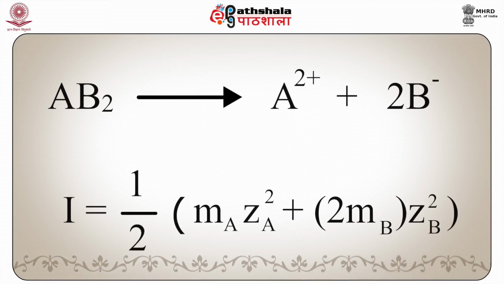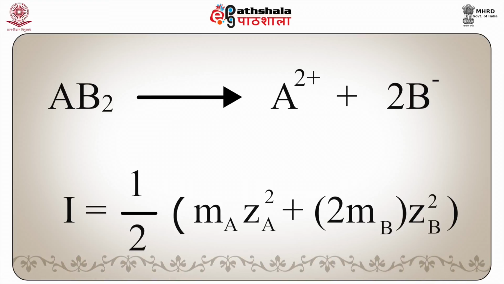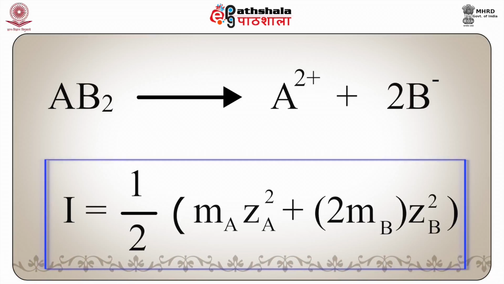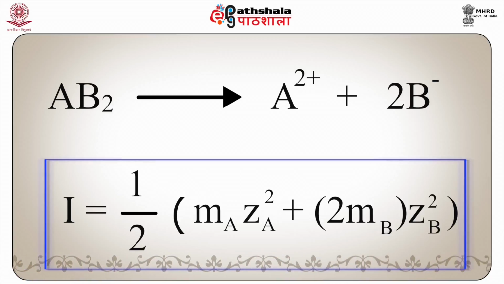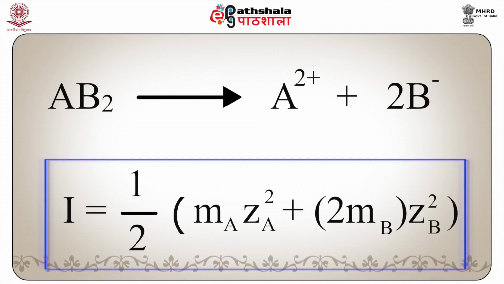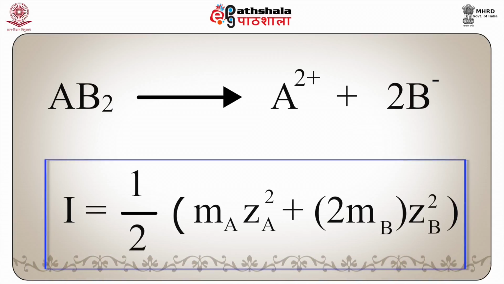While for uni-bivalent electrolytes of the type AB2, which dissociate as AB2 dissociating into A2 plus plus 2B negative, ionic strength I can be given as I equals half Ma Za square plus twice Mb into Zb square.